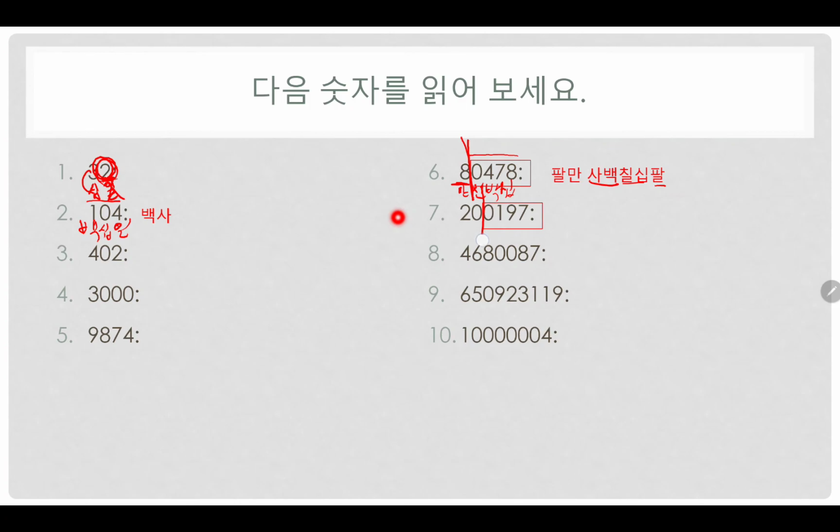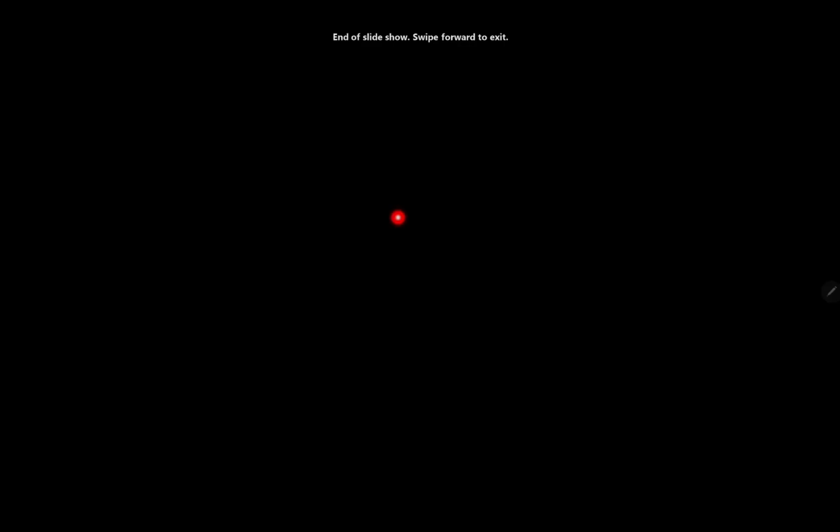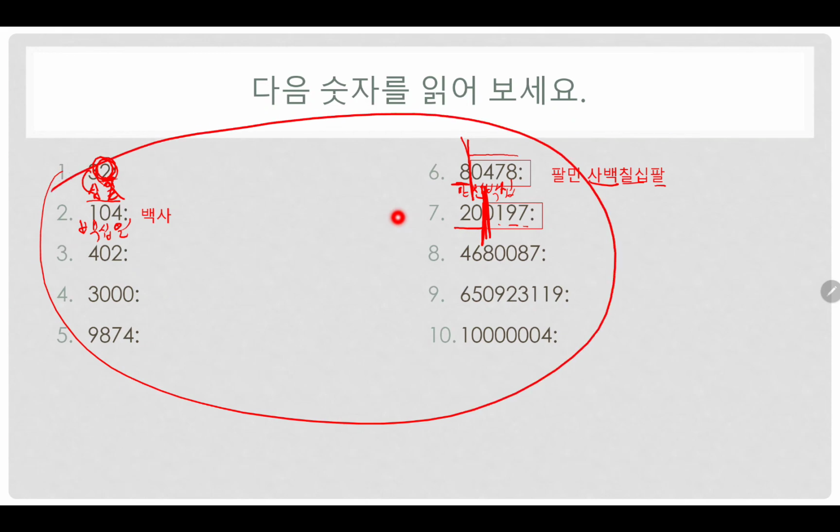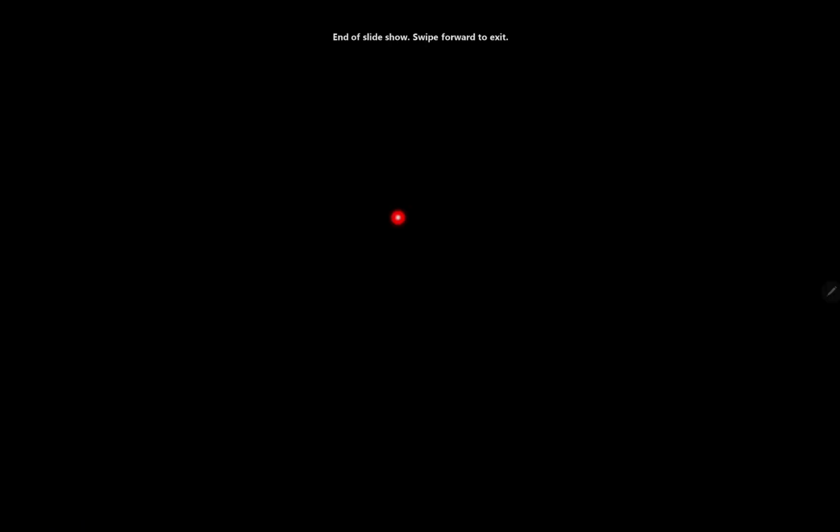For this one, draw an imaginary line here after 4 digits. So this would become 20만 197. Okay, for the other numbers, please try to read them on your own. Thank you.